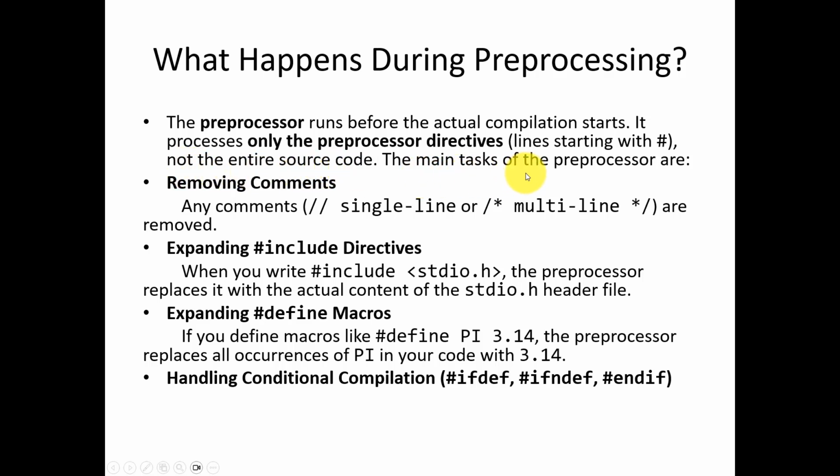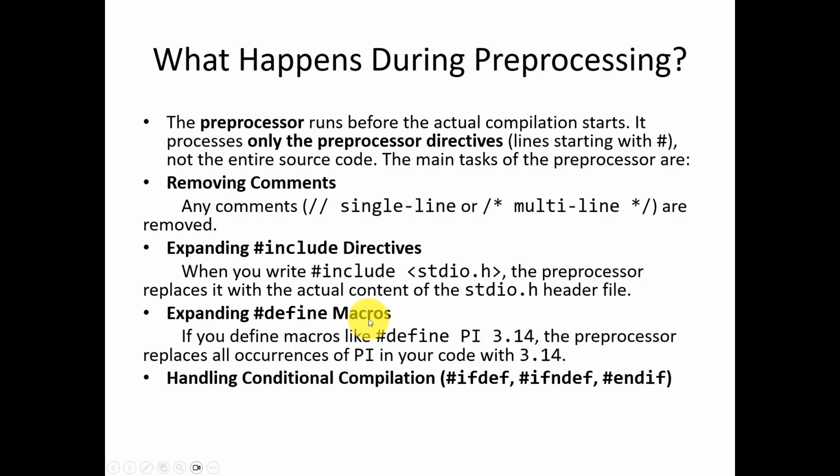The main tasks of the preprocessor are removing the comments and expanding the include directives, which means inserting the content of header files. Here we have an example of a header file, which is a file from the standard library. The preprocessor will insert the content of this header file and expand the defined macros.